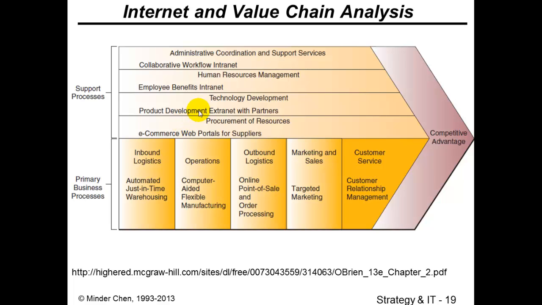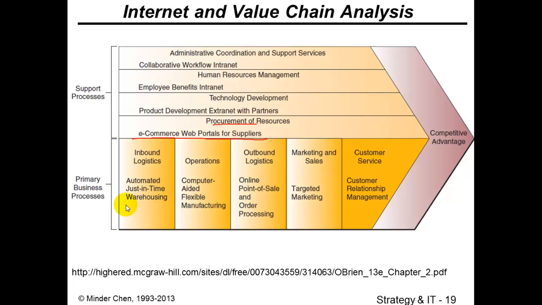This is a further breakdown of the value chain when we use it for analyzing a company's activity and identify where we should focus in terms of applying information technology or improving those activities. For instance, for procurement, we can consider building a procurement portal to support B2B e-commerce.